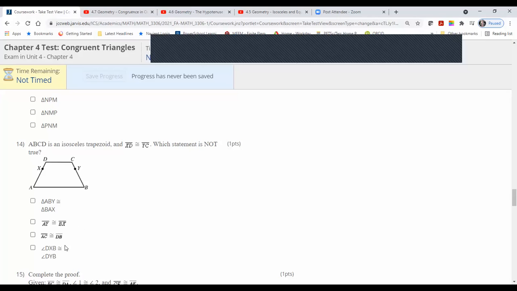Yeah, I think this one is the wrong one, right? AC should be okay. AC goes like this, and then DP goes like this. Yeah, I think this is the problem, right? So this is not true. Okay.